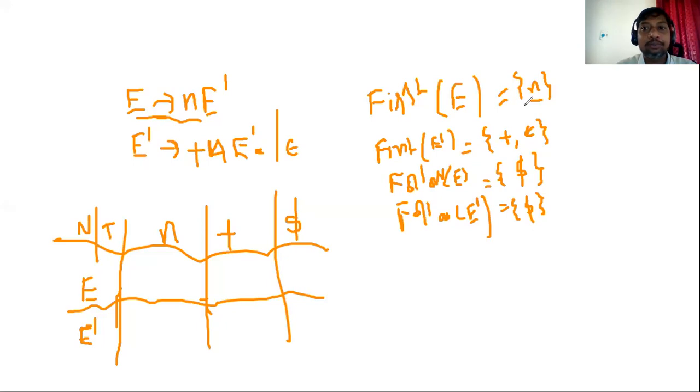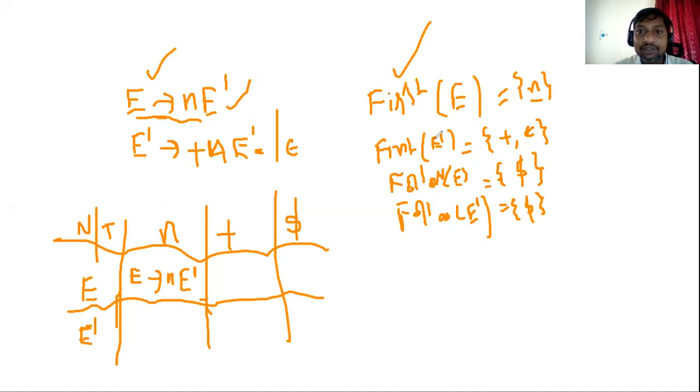So if you observe here n, this n comes from this rule. This n is added as a first of E because of this rule, so you have to add that rule in the entry corresponding to E with n, E' n. Okay, right? So we are done with first of E.